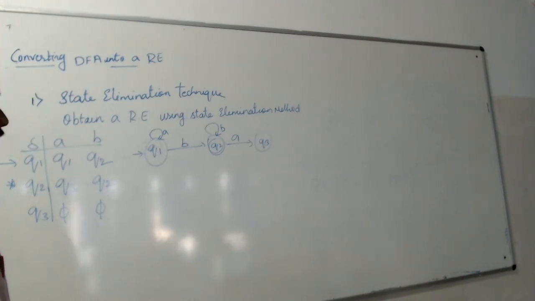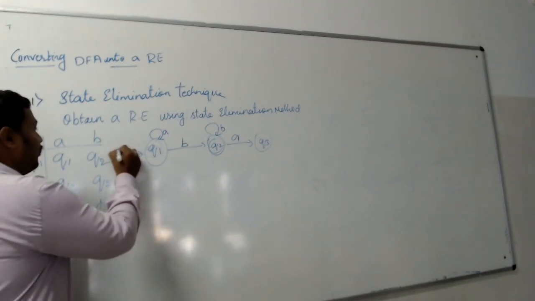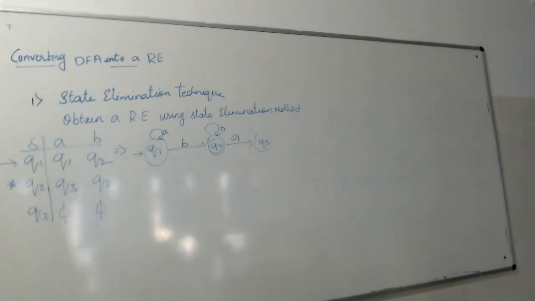In this DFA, whatever we have designed for getting my solution, we have a state 3 where the input symbols are recognized from state 1 to state 2 and state 2 to state 3. And here state 3 is not useful.